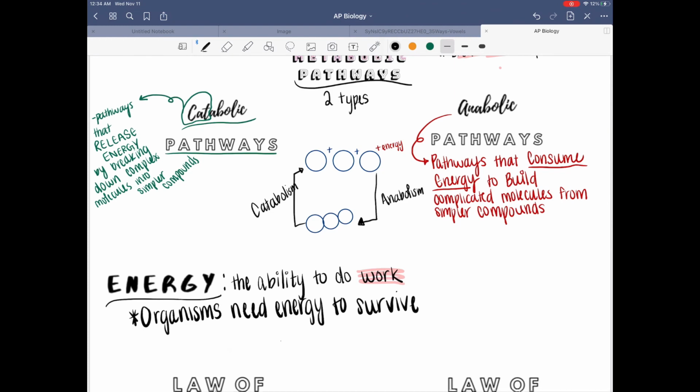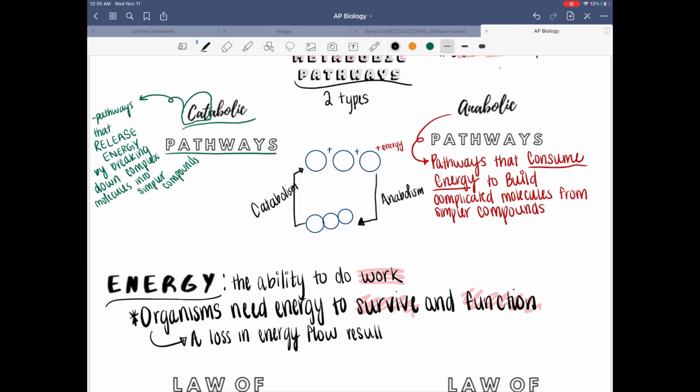Okay, so it's not going to be just looking at our cells alone, but we need to understand that this is essential to all organisms in order for them to survive and function. So if we see a loss in energy flow, it is going to result in death.